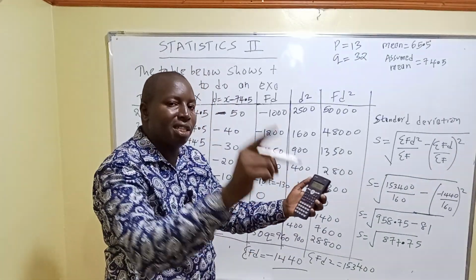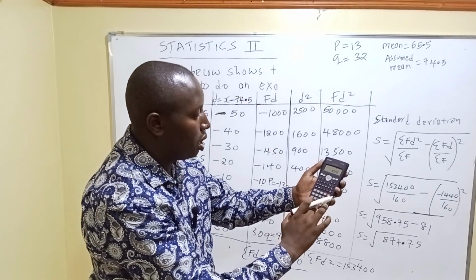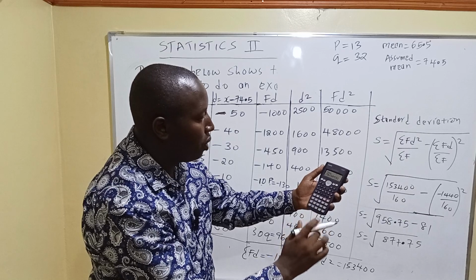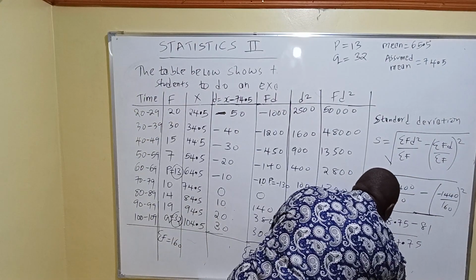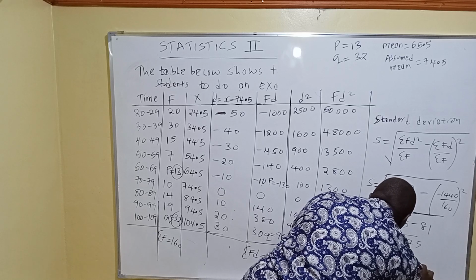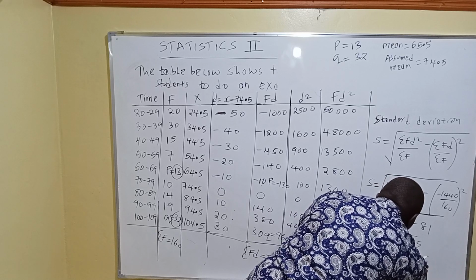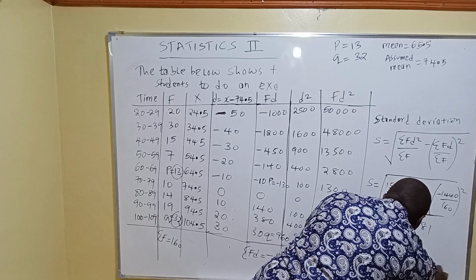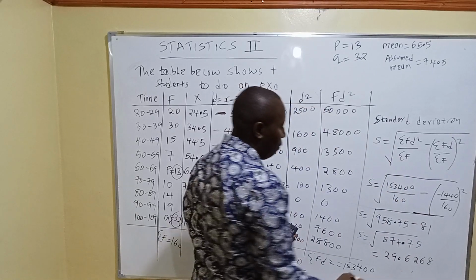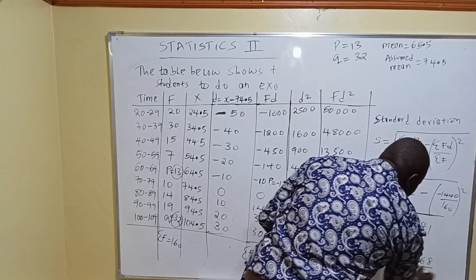Now the last step, find the square root of 877.75. You get S is 29.6268 to 4 decimal places.